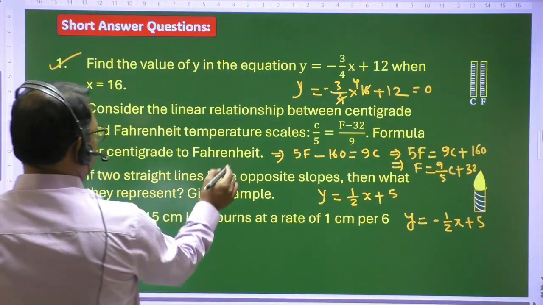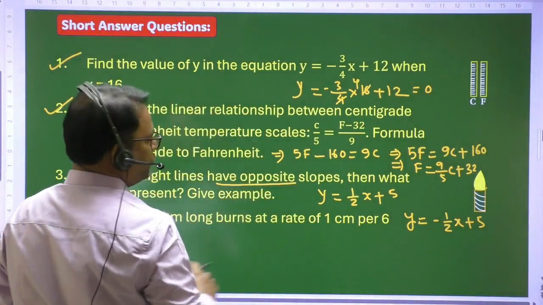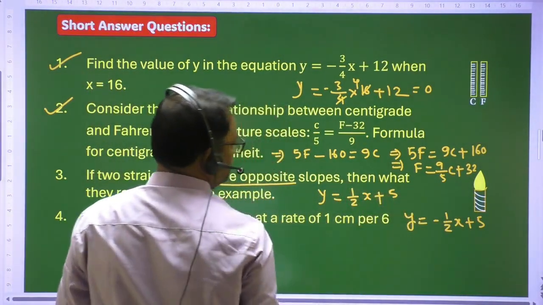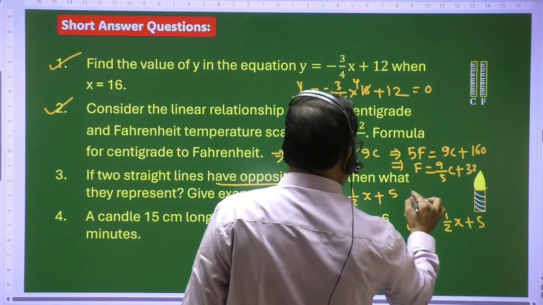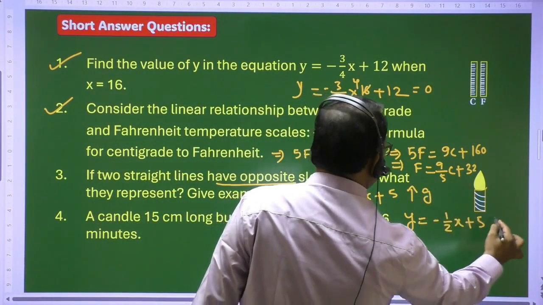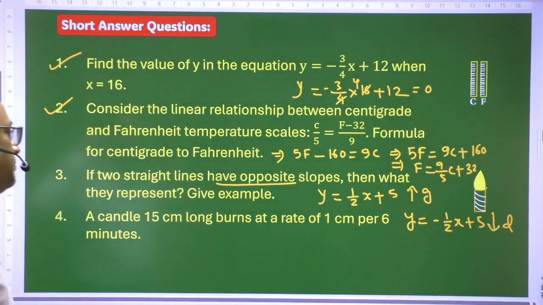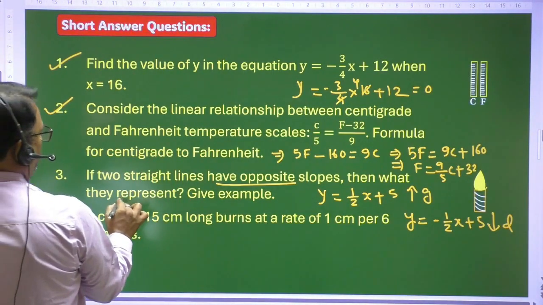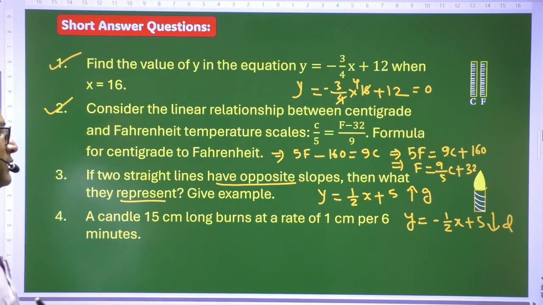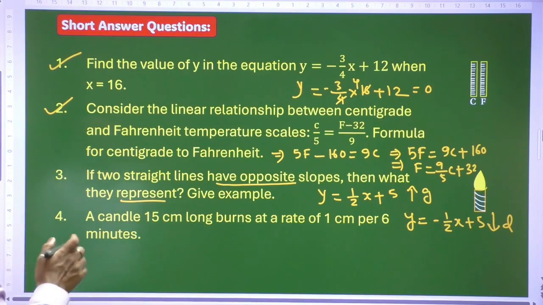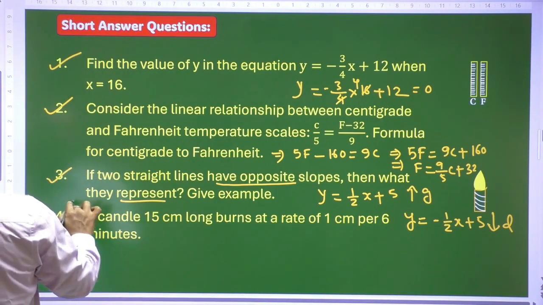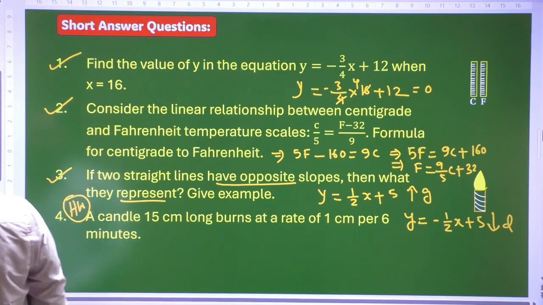So the lines have opposite slopes: one indicates growth and the other indicates decay, which has the negative slope. Question number 4 is similar, you can solve it at home.